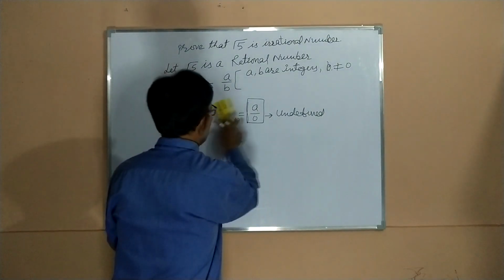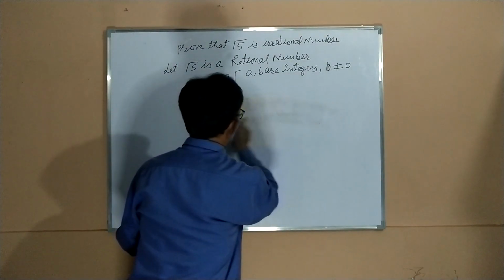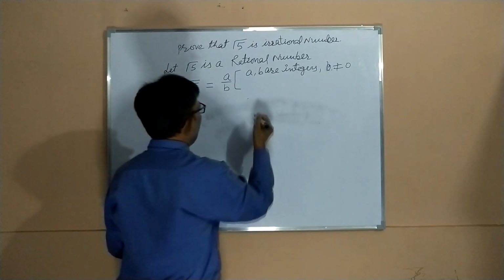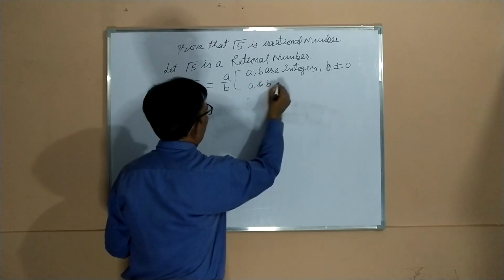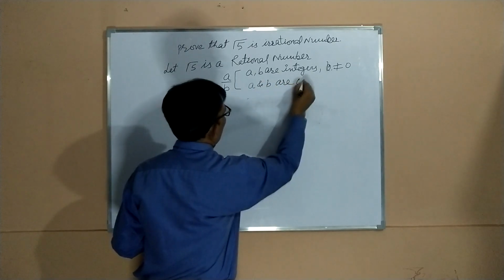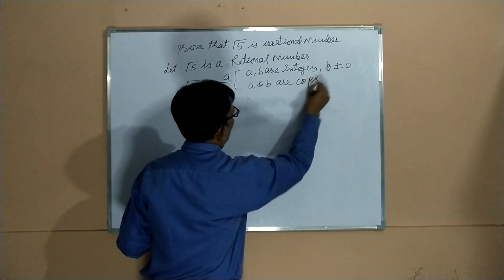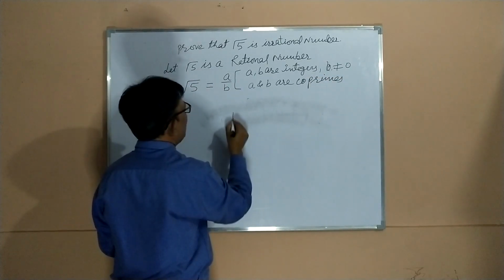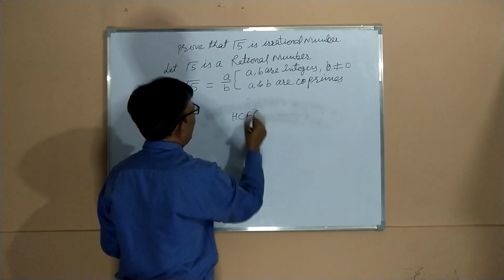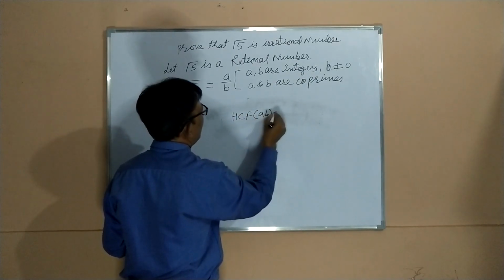And one more property we will follow: a and b are co-primes. Co-primes means HCF of a and b is equal to 1.